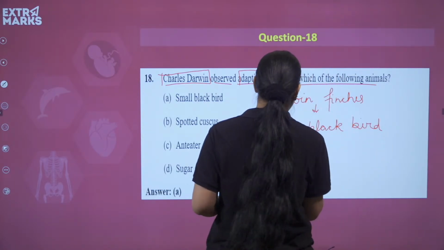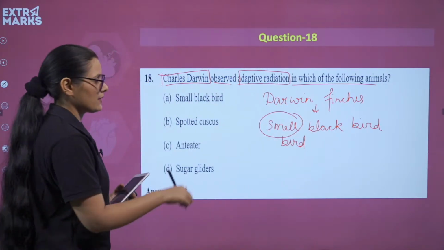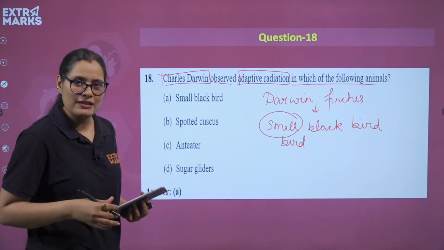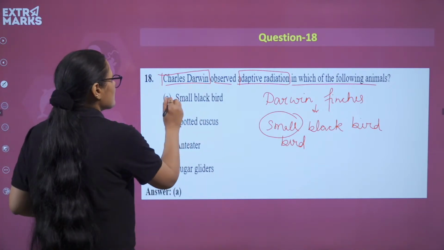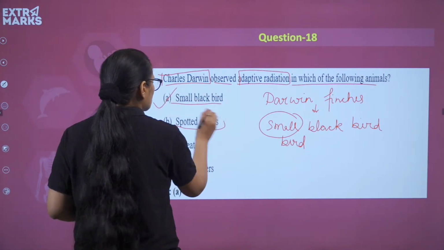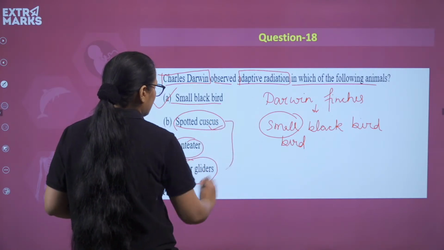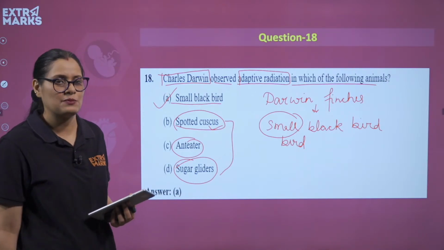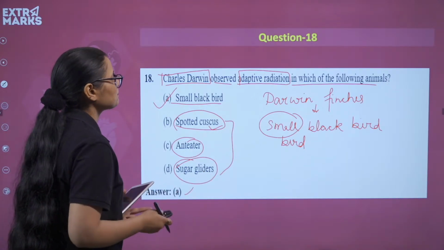That bird actually went to the Galapagos Islands and diversified there, showing adaptive radiation. So it is a small black bird. It's not a spotted cuscus, anteater or sugar gliders. These are examples from Australian and placental mammals that exhibited convergent evolution. So the answer is option number 1.